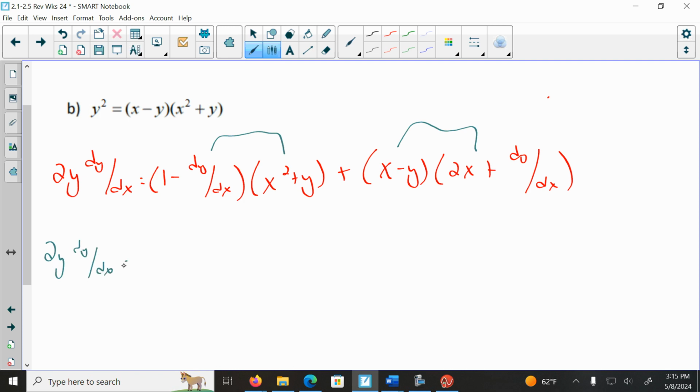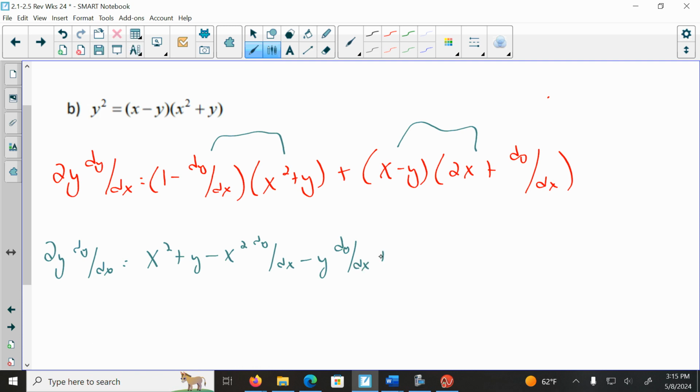When I FOIL this, I'm going to get x squared plus y. That's me multiplying 1 by everything. Then I'm going to multiply this negative dy/dx by everything, so negative x squared dy/dx, and then a negative y dy/dx.